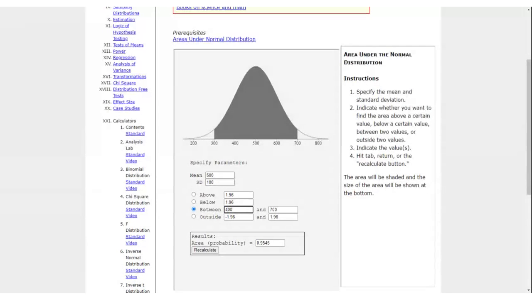So 1 standard deviation from the mean, that's what it looks like in terms of our data, 400 to 600, which is essentially, like I said, this would be 0, and this would be 1 standard deviation, and that's the mean, and then 1 standard deviation down, 1 standard deviation up. And then the other one was 300 to 700.